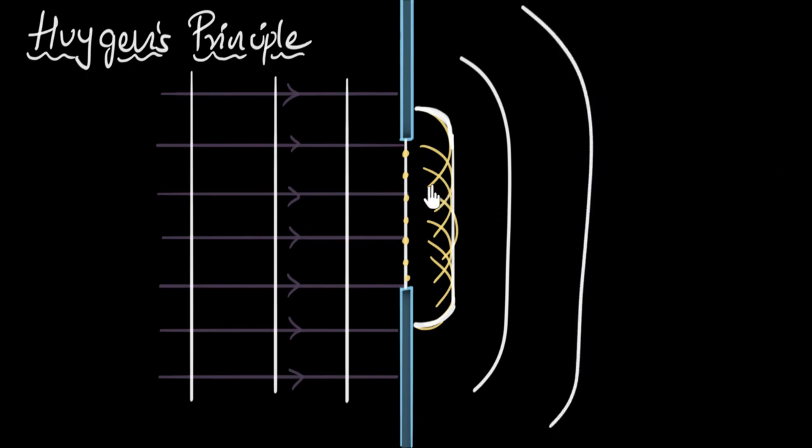And now if I try to draw the rays of light over here, the rays of light are going to be like this. They're always perpendicular, remember, to the wavefront. But over here, notice the rays of light have to be going this way, somewhat like this. And over here is going to be somewhat like this. And so there you go.